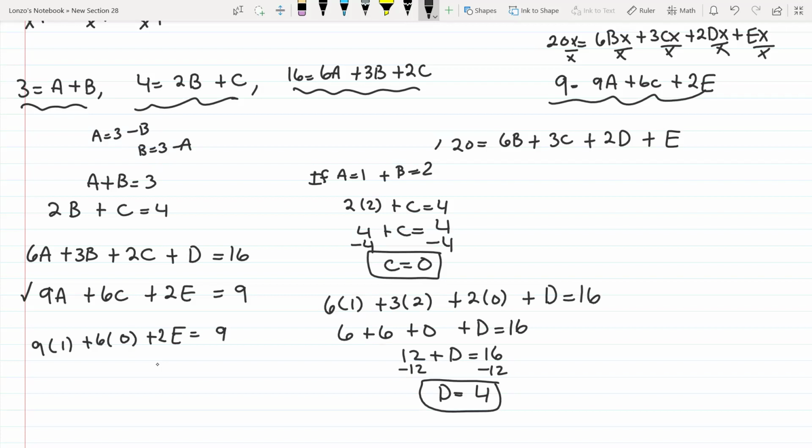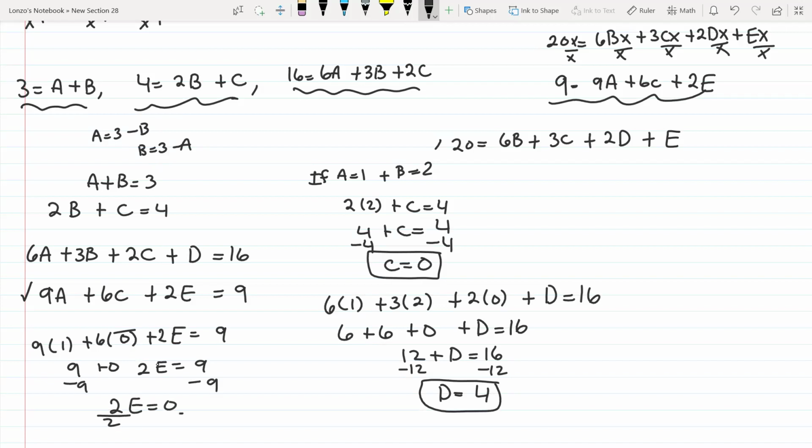Wait, no, sorry. 9 times 1 is 9. 6 times 0 is 0. Plus 2e equals 9. Solve for e, so I would subtract 9 from both sides. You get 2e equals 0.